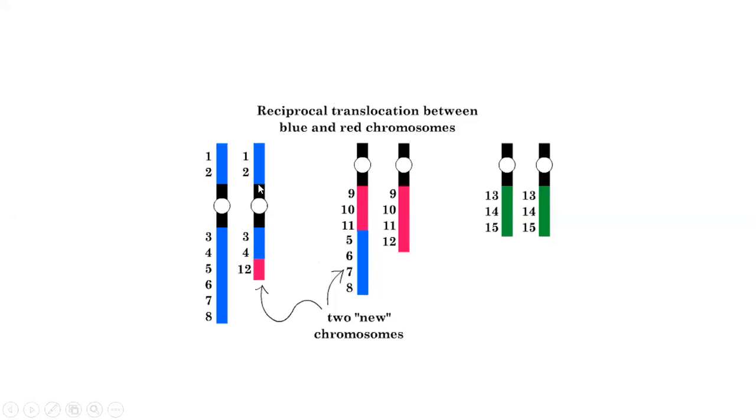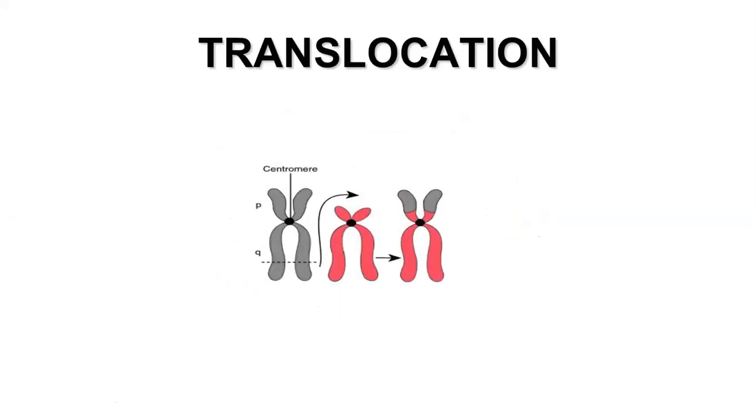If both the chromosomes, that is both the two blue and both the two pink, exchange the segments, this to this and this to this, then it will be called homologous.